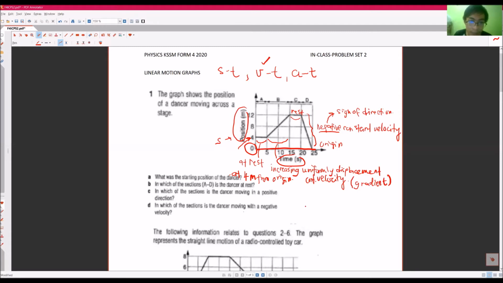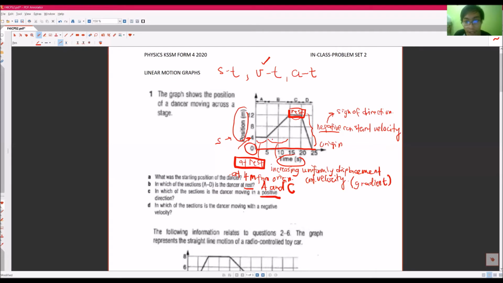B, in which of the sections A through D is the dancer at rest? The dancer is at rest in sections A and C. In the rest of the sections, the dancer actually moves with a velocity. C, in which of the sections is the dancer moving in a positive direction?